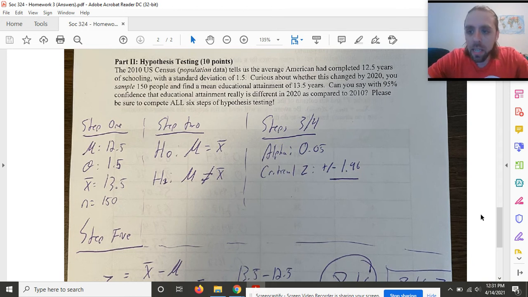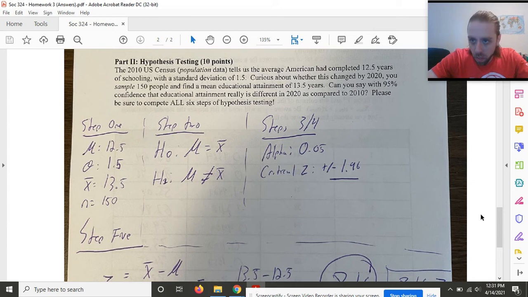And we want to know, with 95% confidence, whether educational attainment really is different in 2020 as compared to 2010. So complete all your hypothesis testing steps.